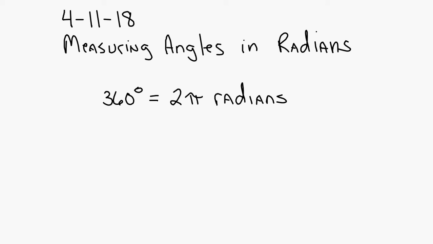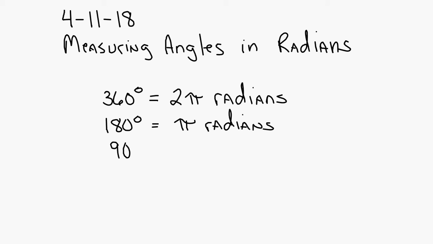So if 360 degrees equals 2 pi radians, then what does 180 degrees equal? It equals pi radians, doesn't it? Right? Because if 180 is half of 360, 1 pi is half of 2 pi.